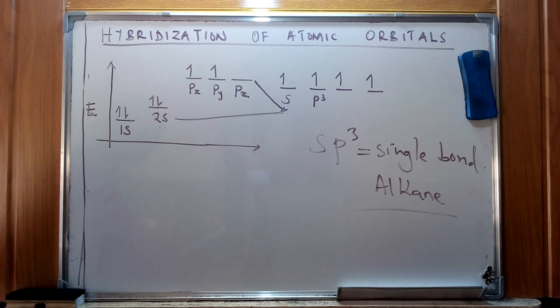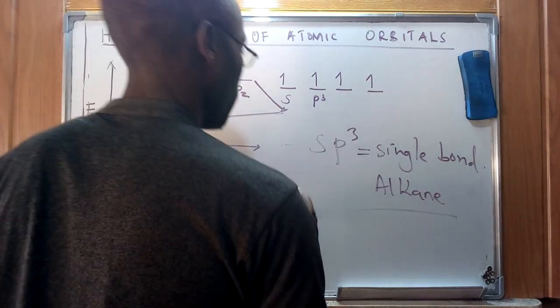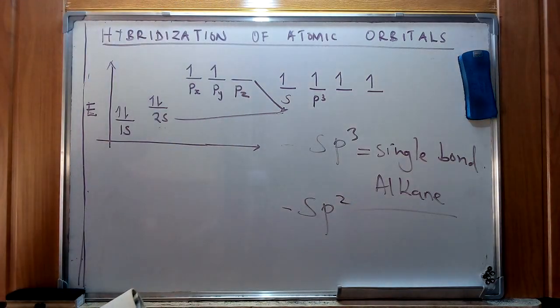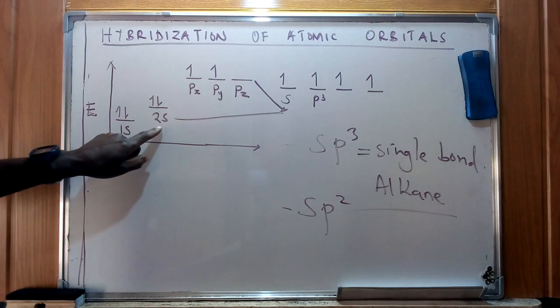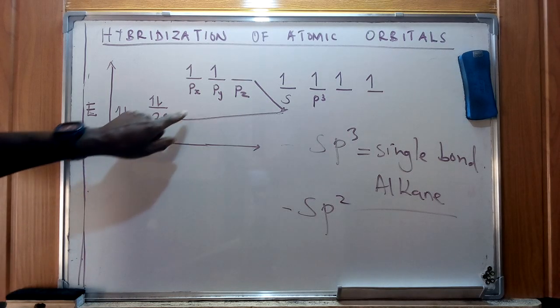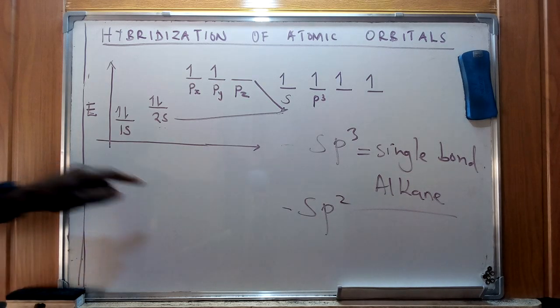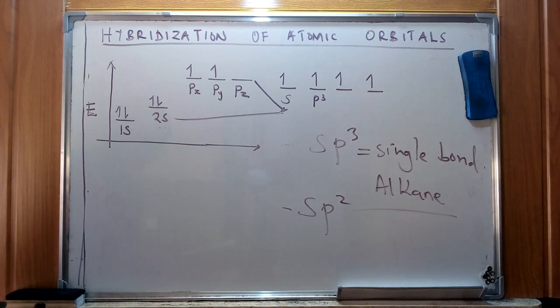For instance, there's a second category of hybridization whereby we are going to have sp2 hybridized molecules, whereby the hybridization involves a single orbital in the s subshell and two other orbitals from the p, which are going to form three new orbitals referred to as sp2 hybridized. And in that case, of course, one of the orbitals in the p subshell is going to remain unhybridized.